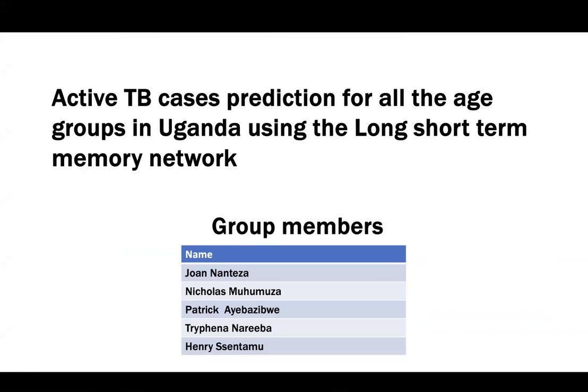And this is what we've been focusing on for the last 2 days. Our group is looking at prediction of TB cases. So we are looking at active cases prediction for all age groups in Uganda using the long short-term memory network. And those are the group members: Joan Nanteza, Nicholas, Patrick, Trifena, and Henry Sentam.